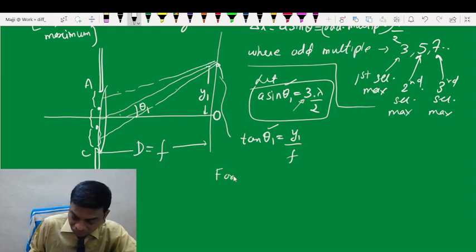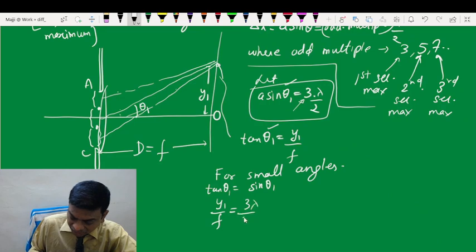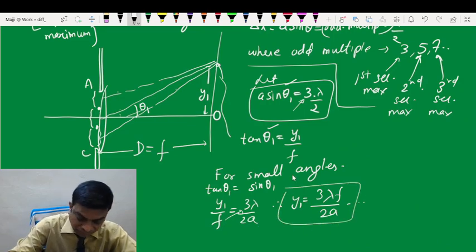So for small angles, sine theta 1 is the same as tan theta 1. So tan theta 1 is how much? y1 by f. Sine theta 1 from here is 3 lambda by 2l. So f goes that side. You have y1 as 3 lambda f by 2l. This is the distance.